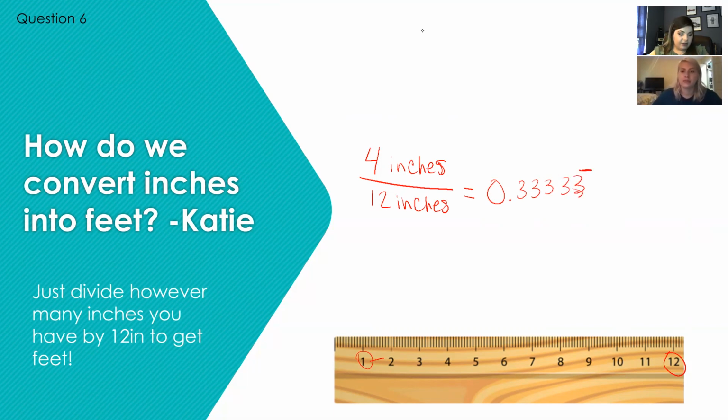So what we can do is convert this decimal into a fraction. And if we were to do that, then we would have 1/3. So 4 inches equals 1/3 of a foot.